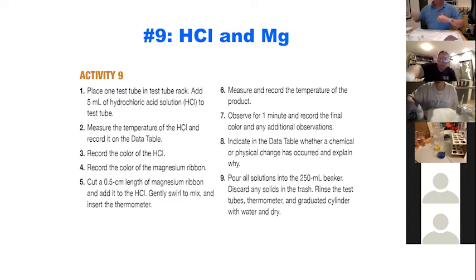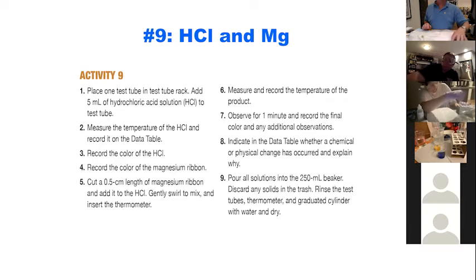And hydrochloric acid and magnesium, number 9. This one is cool. We use this actual reaction. I don't know if we're going to do this experiment later this term or not, but when we look at the gas laws, there is a constant that puts all the gas laws together, involving the number of moles of gas, temperature, and pressure of gas.